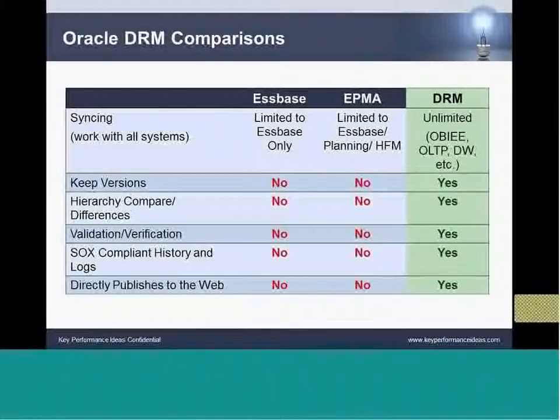So when a SOX audit comes along, they either need to pick up the emails, or they may have problems because an individual has left the company, and you have the extra task of keeping all the emails archived, and sometimes that may not even be possible. Having Oracle DRM allows you to see the whole life cycle of any of your master data, so you know exactly who created them.